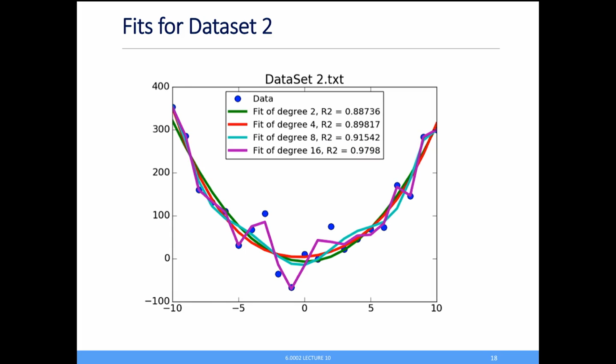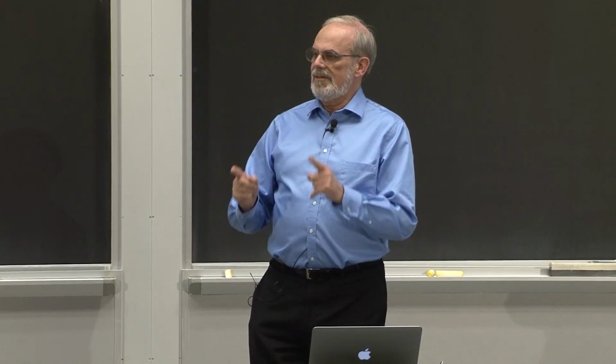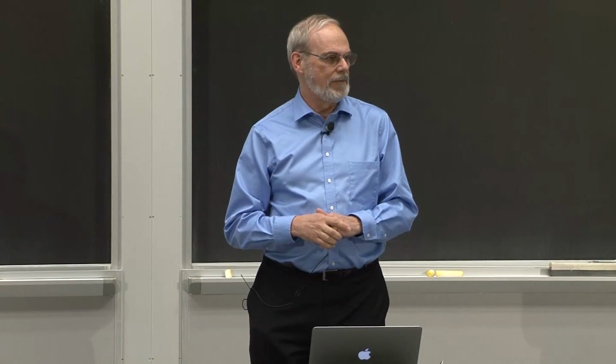All right, what about the second data set? Oh, grumph. It also says order 16 fit is the best fit. Not quite as good. It accounts for all but about 2% of the variation. Again, the green line, the red line do okay, but in this case, again, that purple line is still the best fit. So I still got this puzzle. But I didn't quite test what I wanted, right?